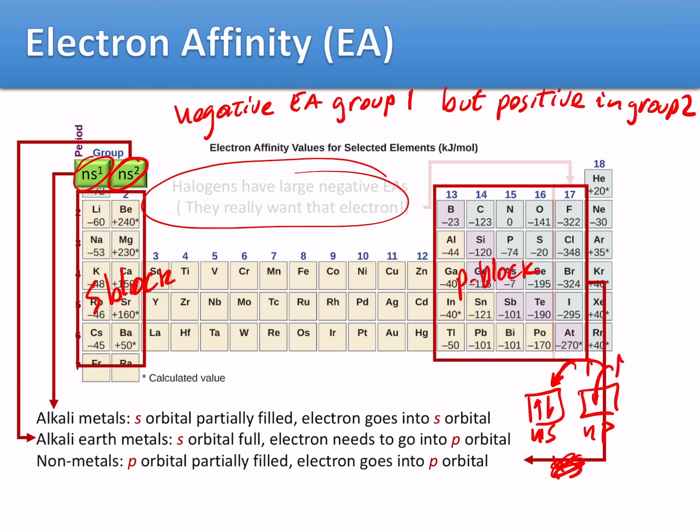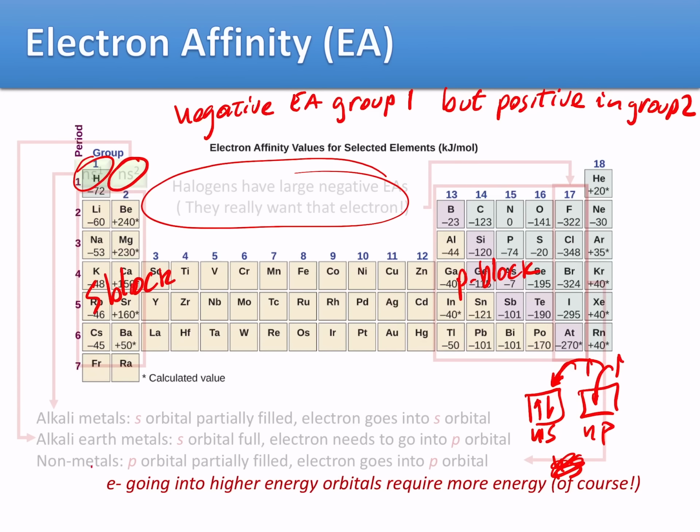You still have room to put electrons in those orbitals. And you see, generally speaking, negative values here because adding electrons to that p orbital takes you closer and closer to the noble gas configuration. So anyway, you are gaining some stability there. That's why you see the negative values there.